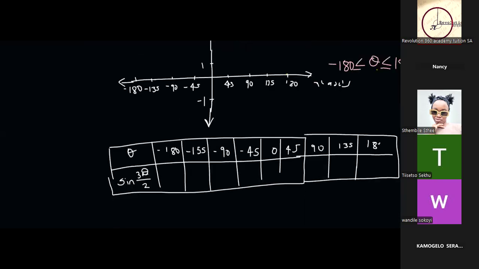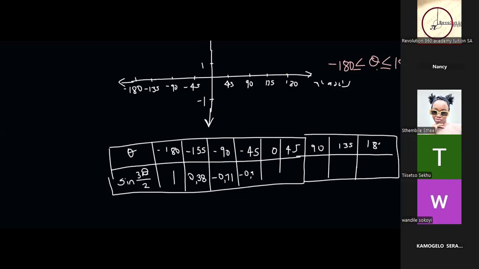So when you punch that on the calculator, the one for -180, we're gonna get 1. Are we all getting 1? Then this one, it's around 0.38. And then the one for -90 is minus 0.71. Then the one for -45 is minus 0.92. The one for 0 is gonna be 0.